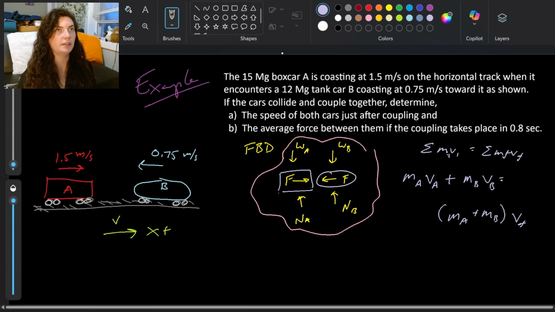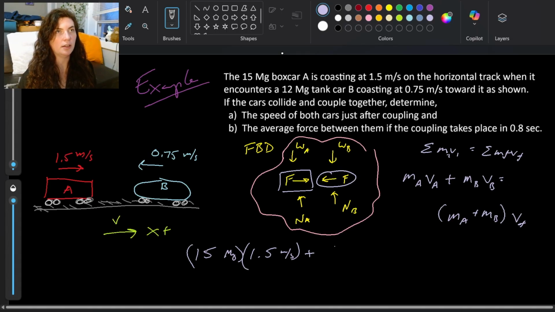So I'm going to start plugging stuff in here. They gave me my initial mass, 15. And you could convert these out of megagrams if you want to. I'm not going to, just because all of my mass units are going to be in megagrams, so I'm just going to leave them all as megagrams. All of those units will cancel out. I have 15 megagrams times 1.5 meters per second. That's the speed at which A is moving.